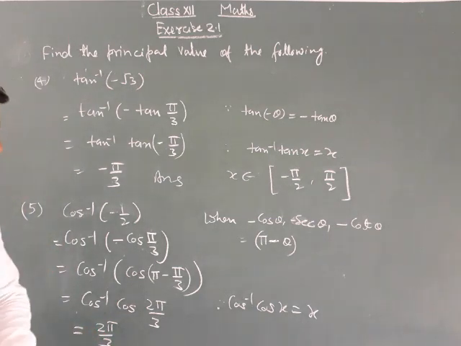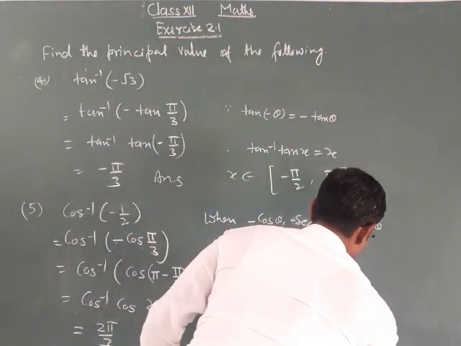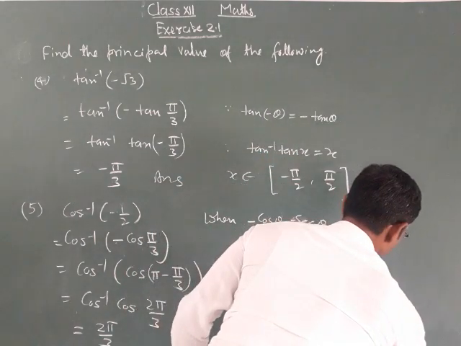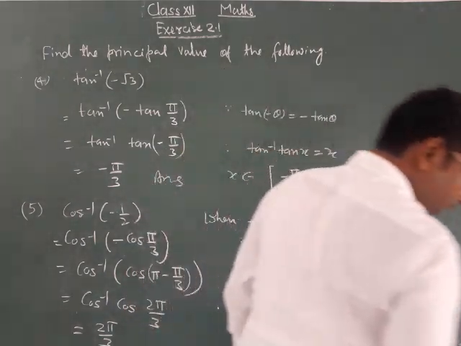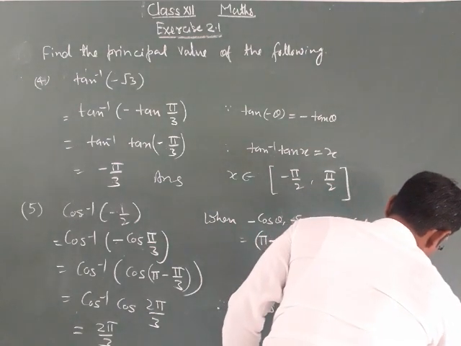Here x belongs to the principal branch of cos, 0 to pi.